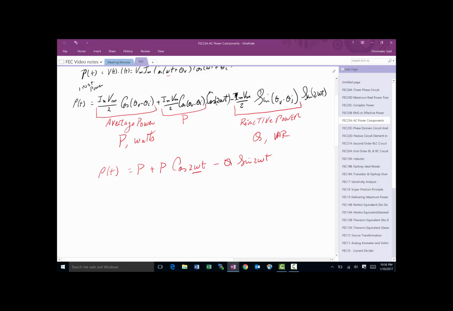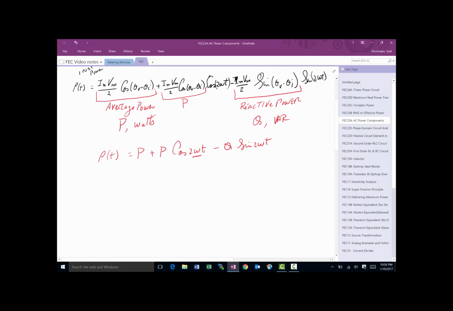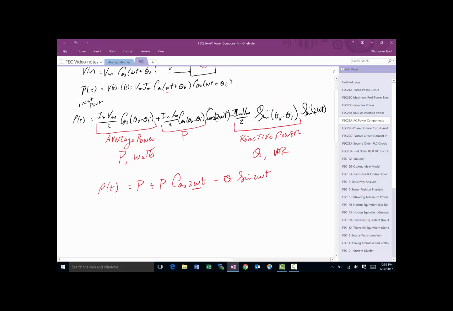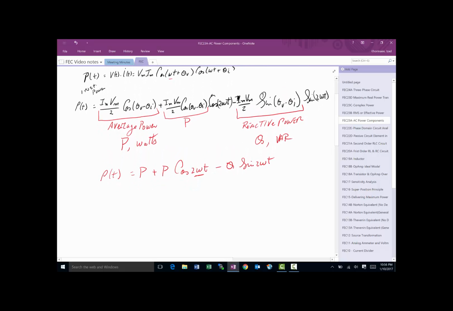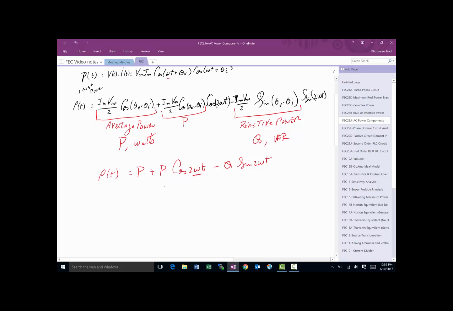That's worth noticing. Our goal in the long term is to maximize P and minimize Q. But let's experiment with something. Remember, this was created by assuming that I is going into this box, and then you have a V across the box.